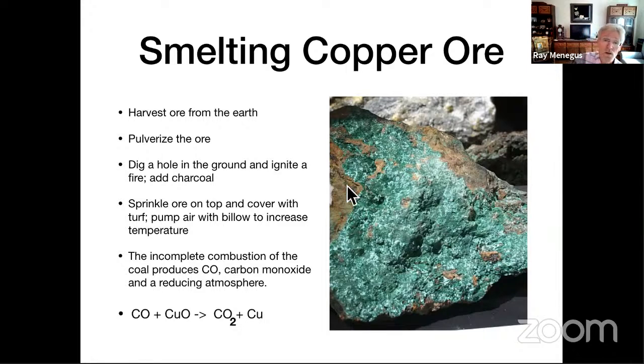The next thing you would do is pulverize it, and literally you would hammer it with another stone, like a mortar and pestle, until you pulverized it to a high degree of fineness.